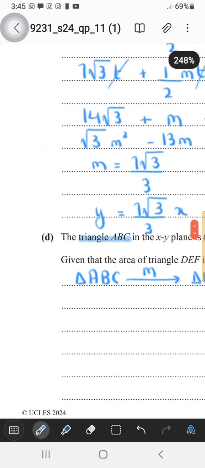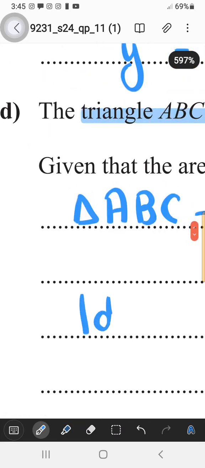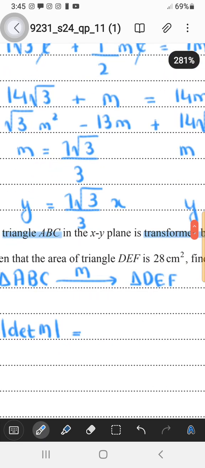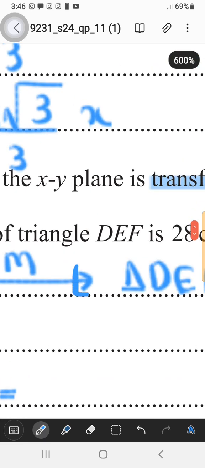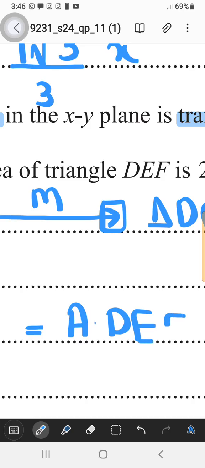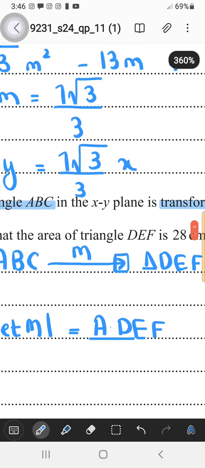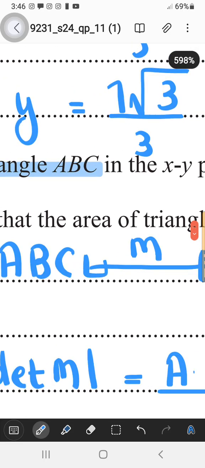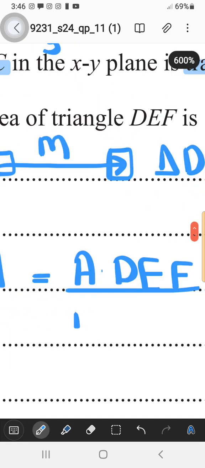Now I can write the formula that determinant of m is equal to, the arrow is towards DEF, so I will write area of DEF divided by area of the tail, which means area of ABC.